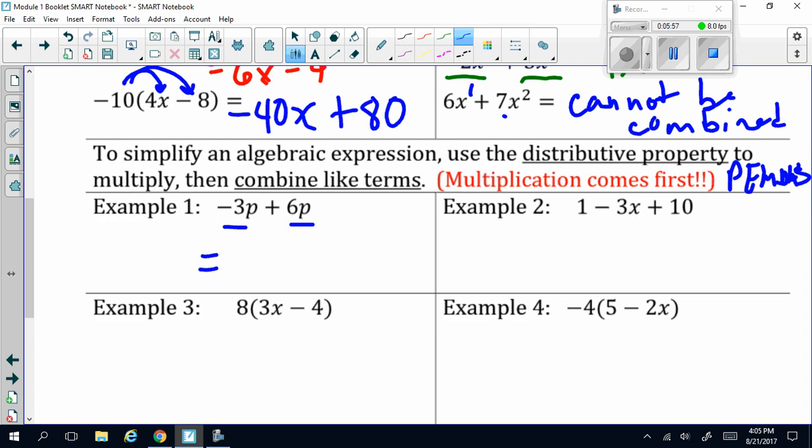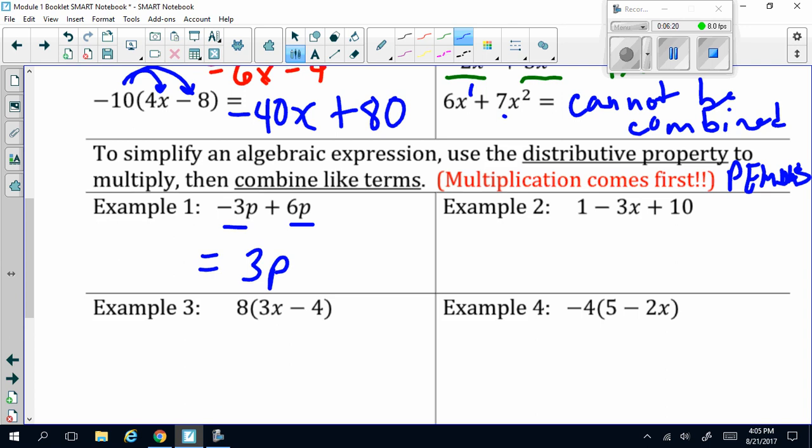I have p and p, so they're both the same variable raised to the same exponent. So I do -3 plus 6. I'm adding, and the signs are different. So I subtract. 6 minus 3 is 3, and keep the sign of the larger, so it's positive. And again, the p just stays p.